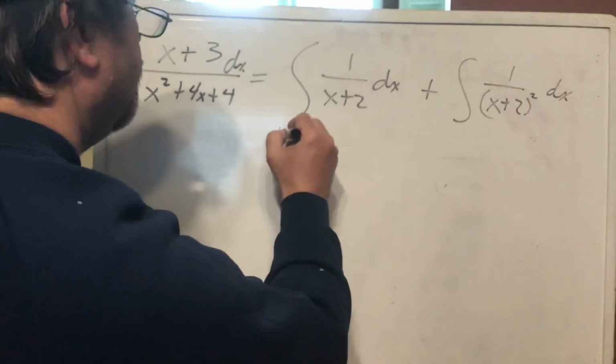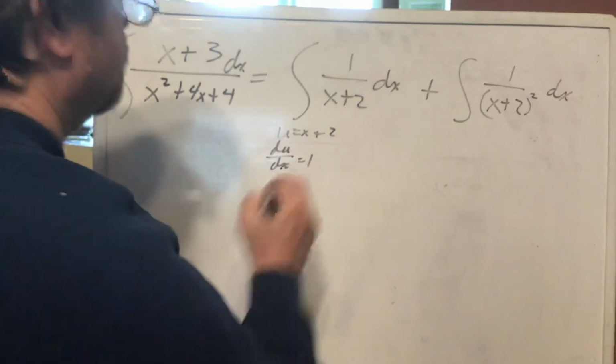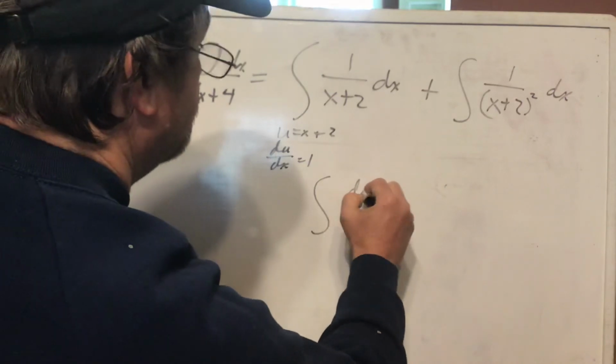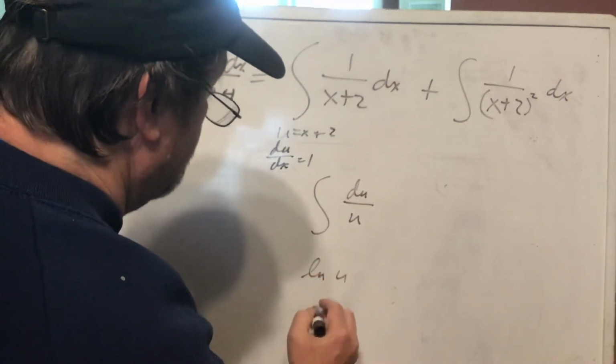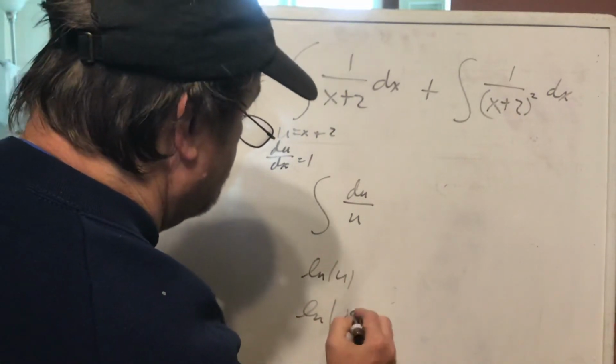And here, u equals x plus 2, du dx equals 1, so du equals dx. This becomes the integral du over u, which integrates to the natural log of u, which is natural log of x plus 2.